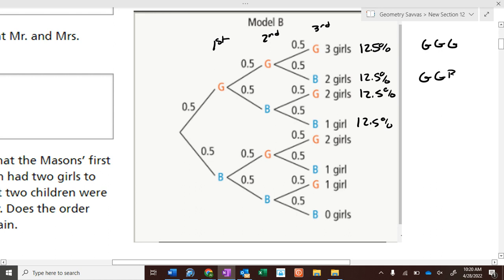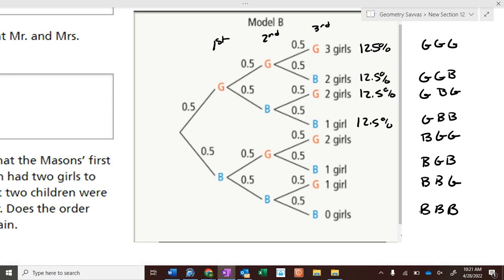GGB for girl, girl, boy. GBG. And then GBB. And then BGG. And BGB. BBG. And BBB.